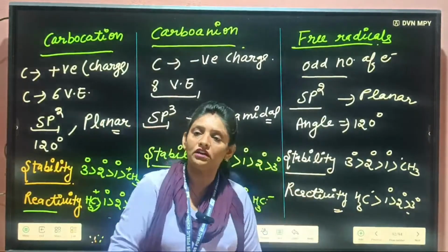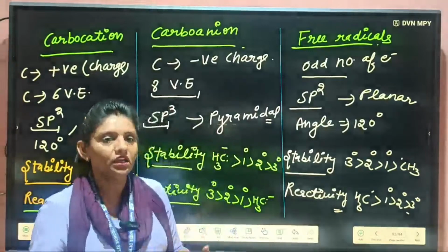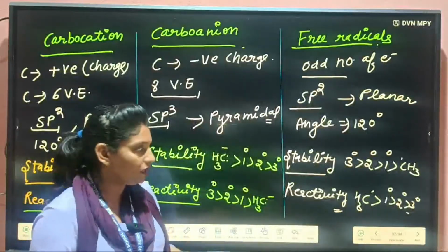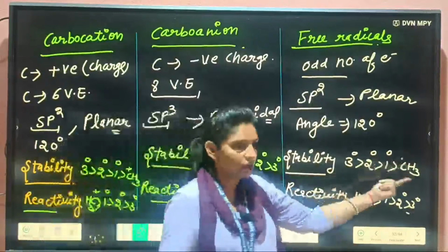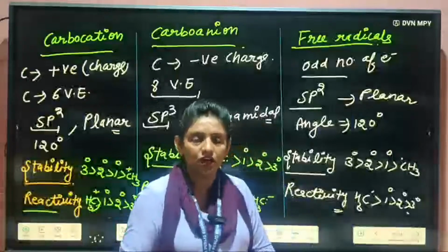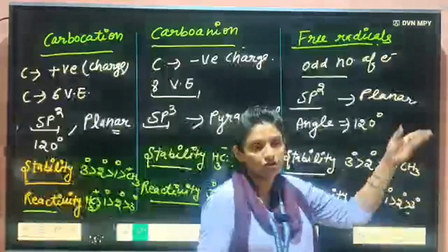Maybe in the formation of one product a primary free radical is there, and in the second formation a secondary is taking place. So I will prefer the secondary because it is more stable.